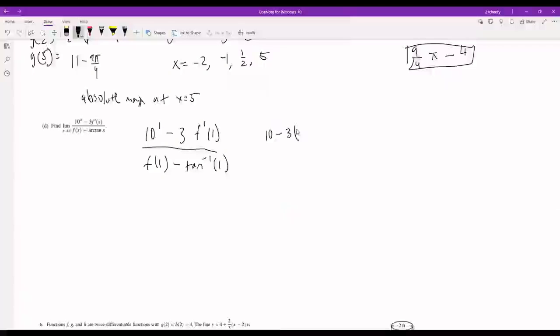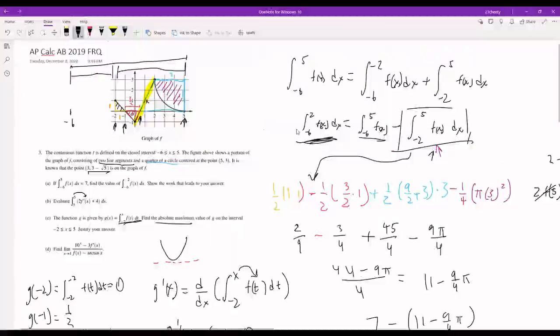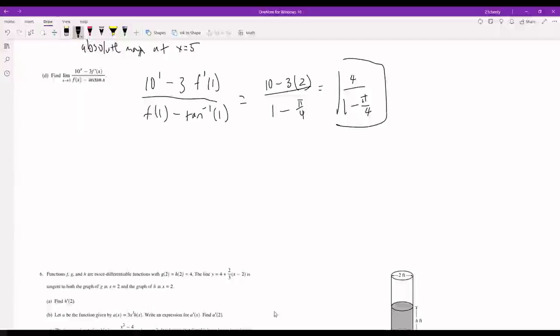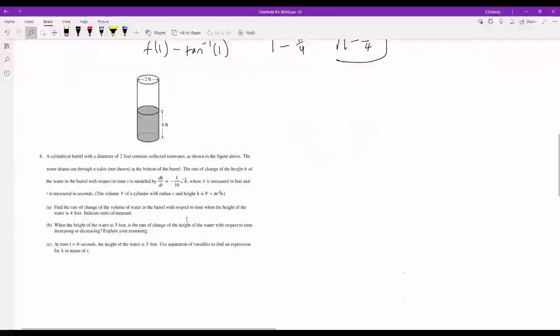So we can say that's 2 over f of 1 is 1 minus arctangent of 1 is pi over 4. So 4 over 1 minus pi over 4 is our answer for part D. All right, so number 4.